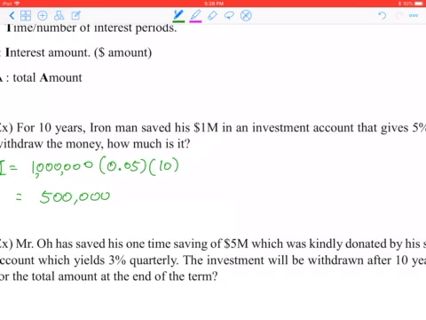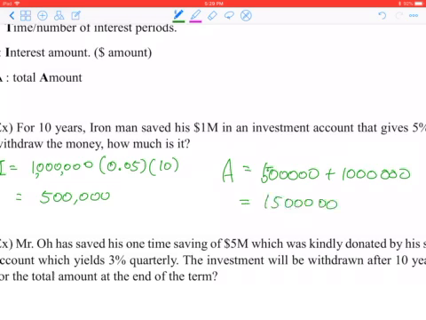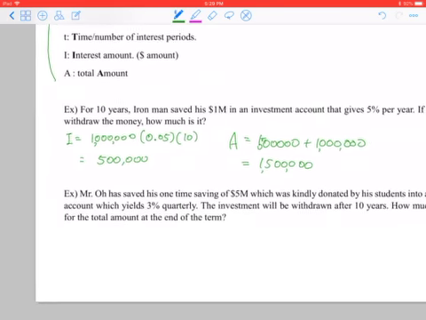Then the total money will be A equals 500,000 plus 1 million, and that gives 1.5 million, right? So money literally makes money a lot quicker than a human does.